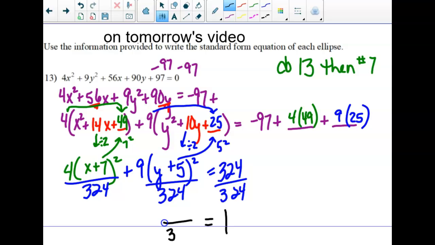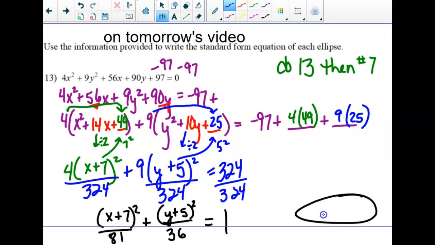Is this one 36? And 81, I'm thinking I got that one. So it is longer this way, going side to side.